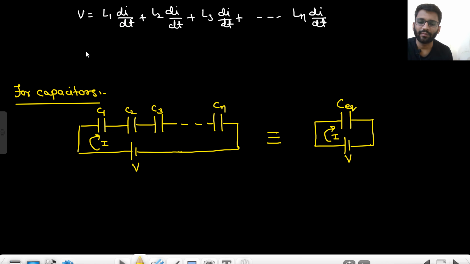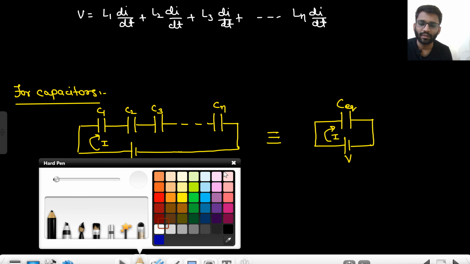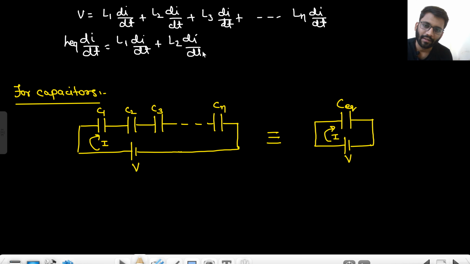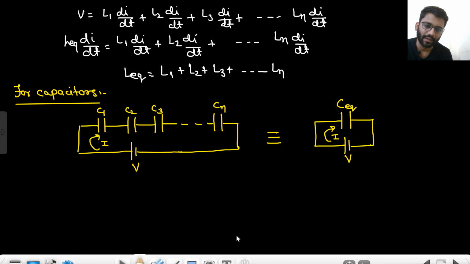So what I can write: V equals L equivalent di by dt equals L1 di by dt plus L2 di by dt and so on, Ln di by dt. So basically what is the formula of L equivalent now? Because di by dt will get cancelled, it will be L1 plus L2 plus L3 and so on till Ln.